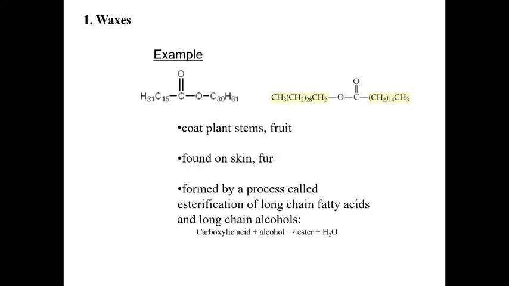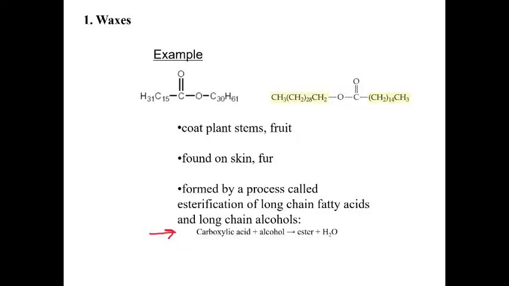Waxes are made by a reaction, as we can see down here at the bottom, where if you take a carboxylic acid, and this is a reaction we did not learn in the organic section of the course, but now we can add it in, and take an alcohol, they can be combined together to form an ester.